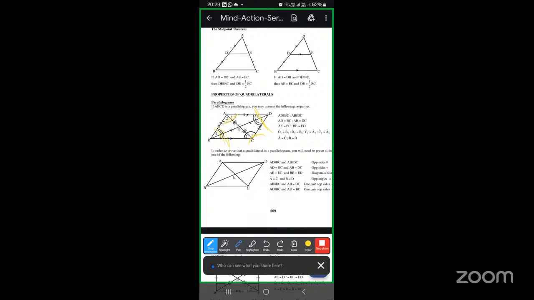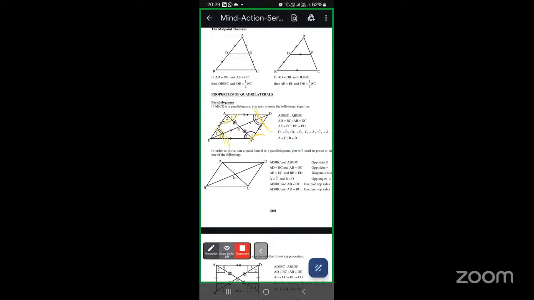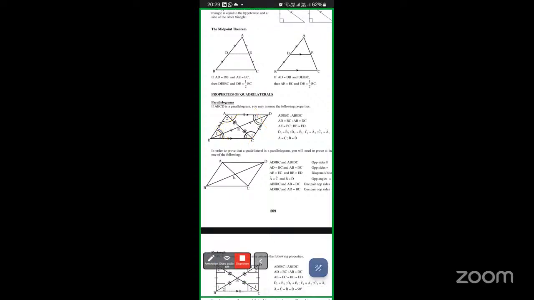Opposite angles of a parallelogram are equal. Then we also have these diagonals here, AC and BD, and we can see that they intersect at E. AE is equal to EC and BE is equal to ED. That's what you need to know.